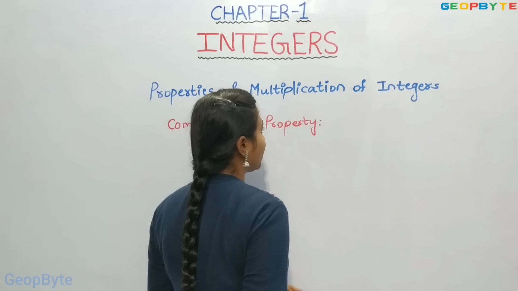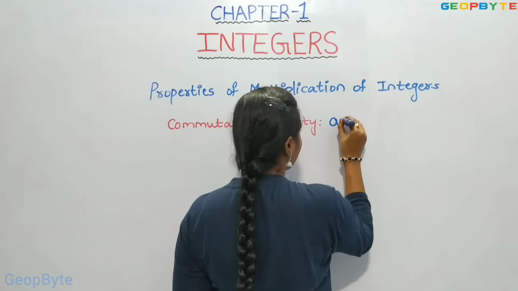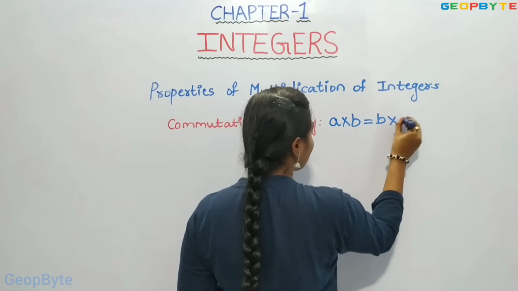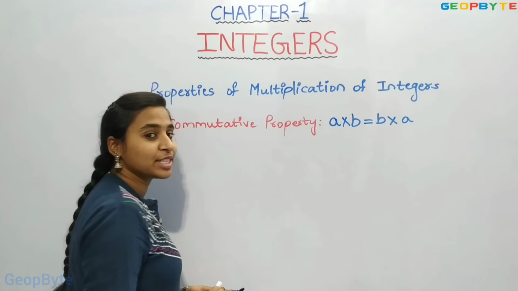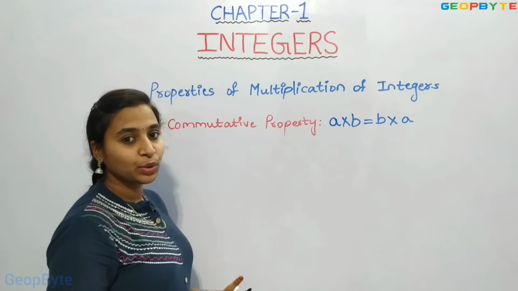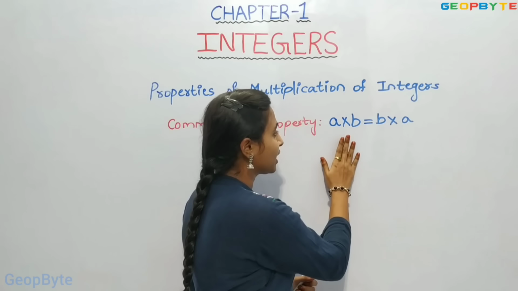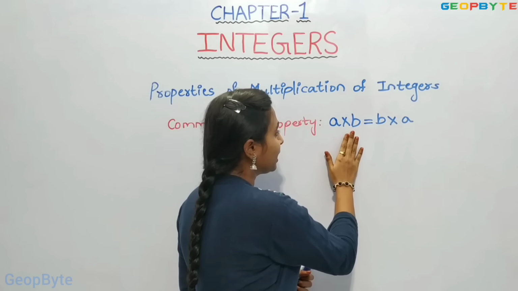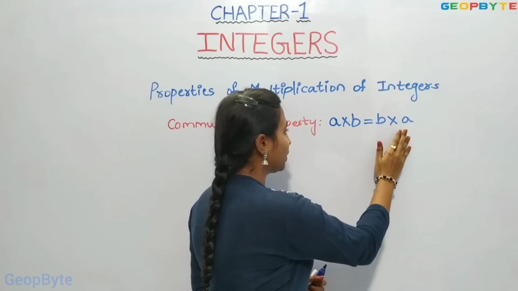In this property, we have A into B is equal to B into A. Similar to the additive and subtractive properties, in multiplication properties also, we have same. There we have plus, now we have into. Same property, only the symbols have changed. A into B is equal to B into A.